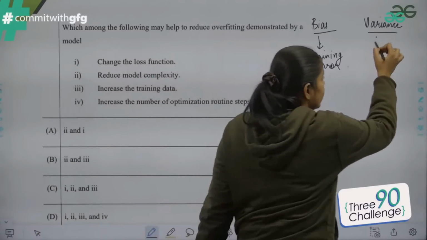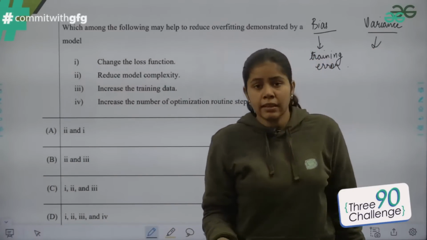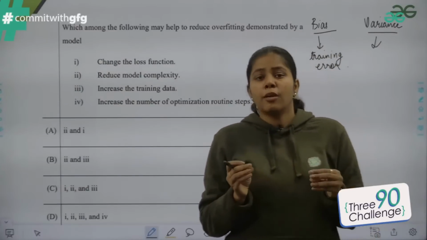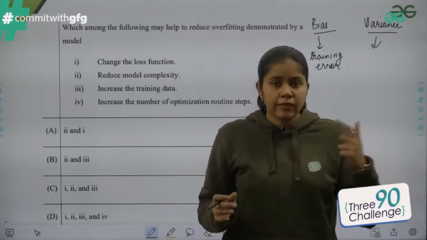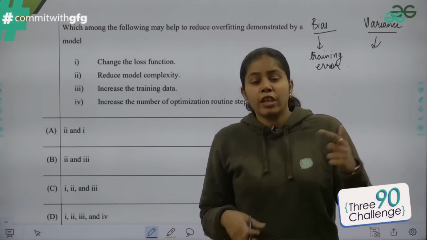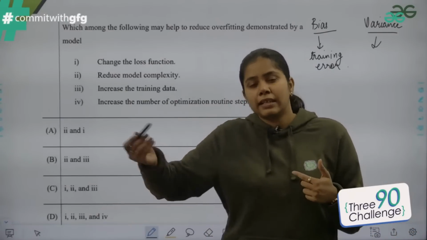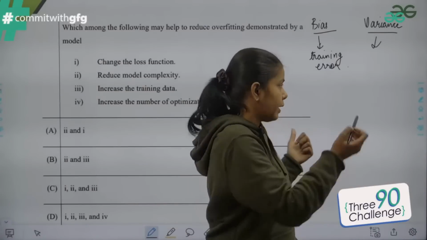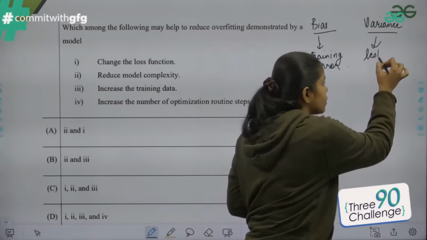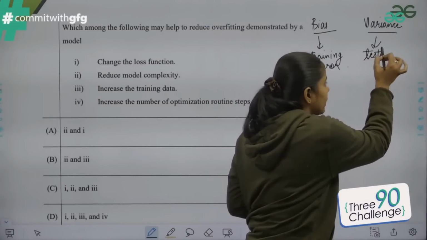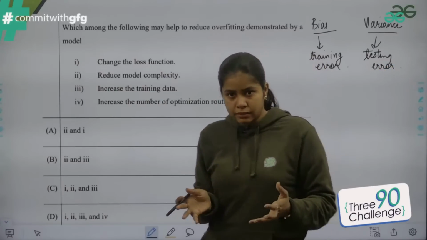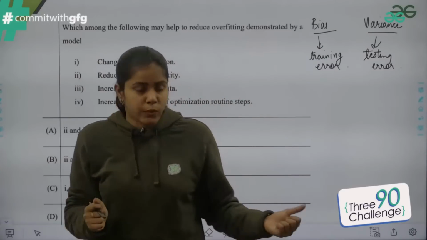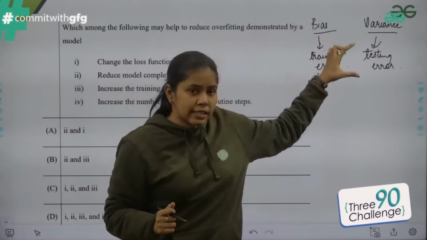Variance is testing error, or I can say that if my model performs differently on different data sets, we are getting a variance there. We are not sure whether we are getting the right results or not. That is variance, which is also my testing error. That means I am getting so much difference in testing data, different results for the testing data set. So that is bias, that is variance.